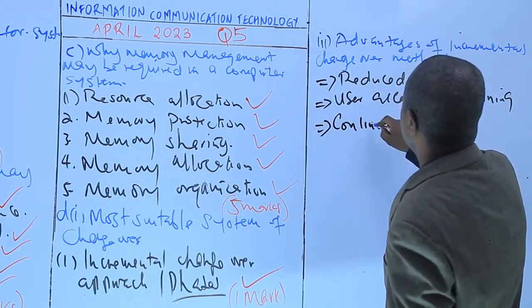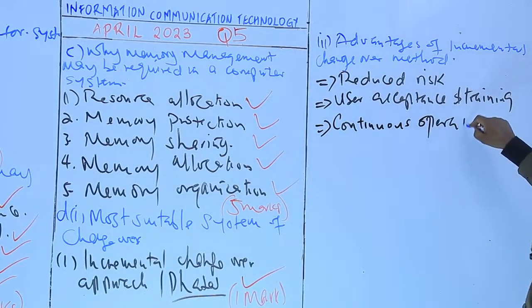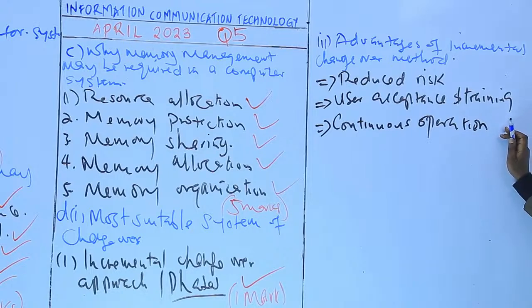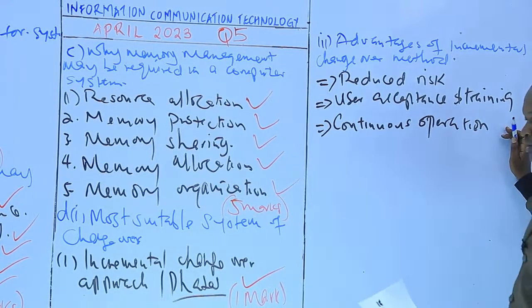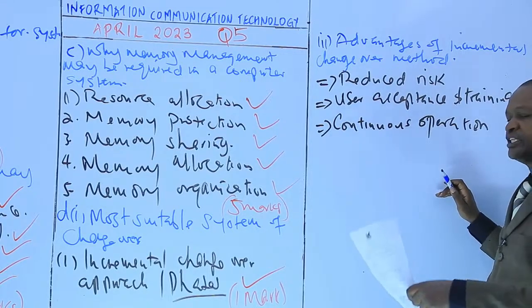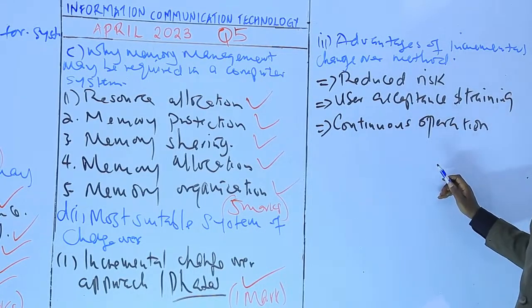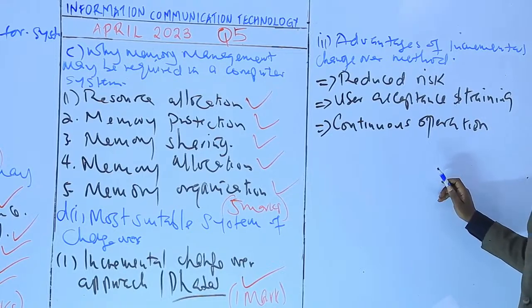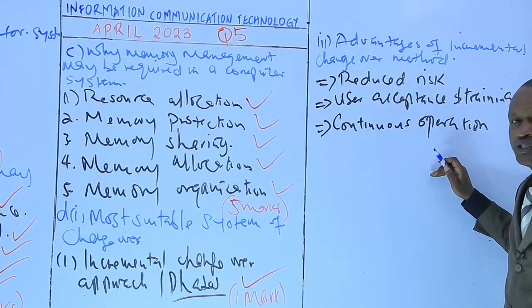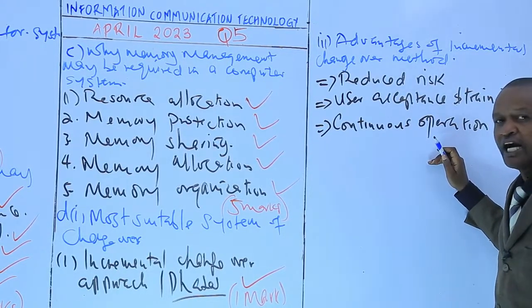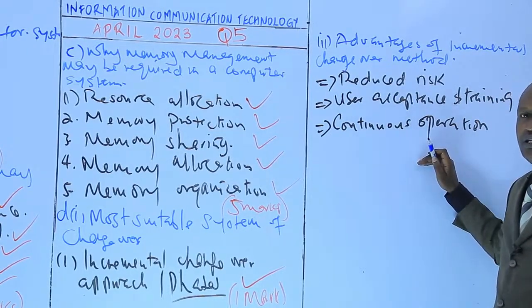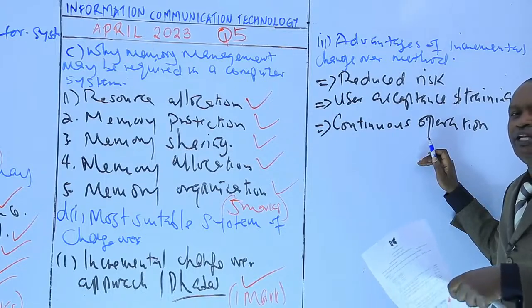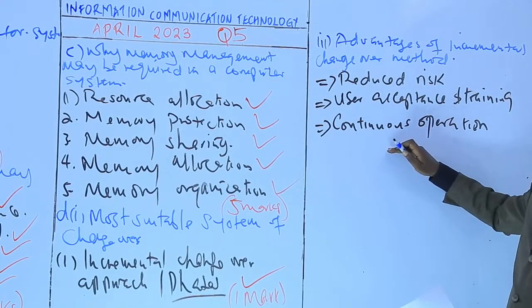Third, continuous operations. With the incremental changeover approach, the existing system continues to operate alongside the new system during the transition period, and that ensures minimum disruption to the organization's operations.